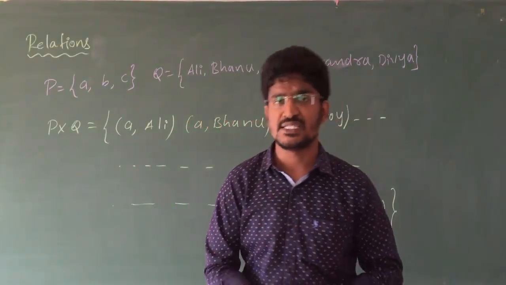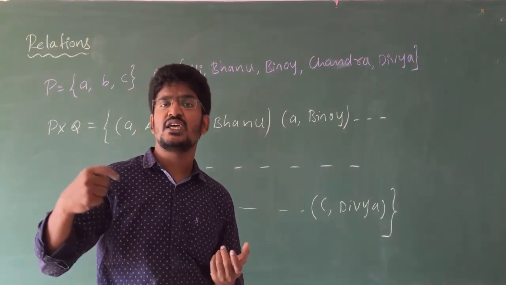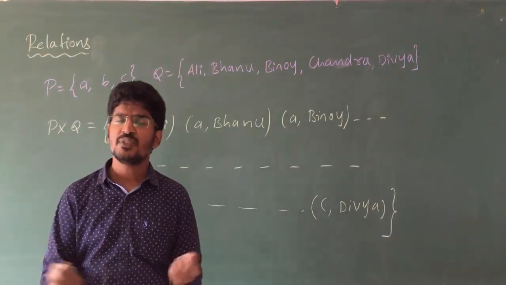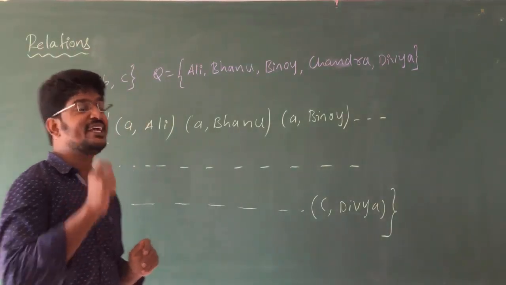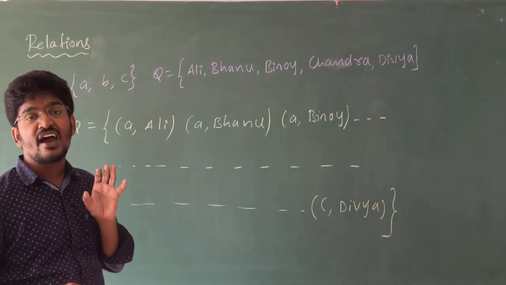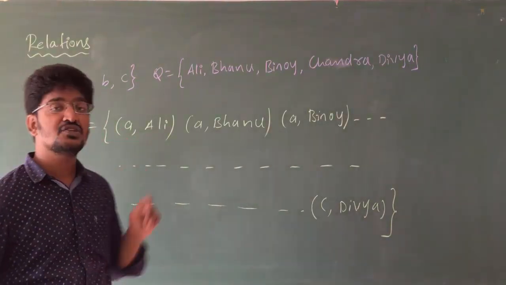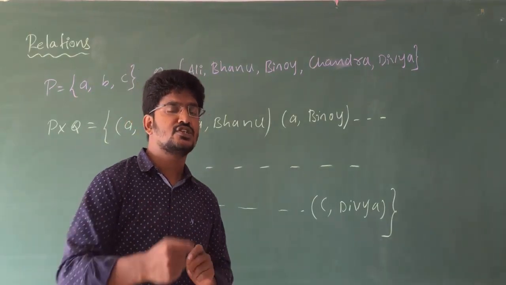This is all your basics, that is from Cartesian product. So we have taken P as one set, Q as another set. From that P and Q, we have written the Cartesian products. After writing the Cartesian product set, we get an idea that this set has 15 ordered pairs. Clear? Okay. The next topic is important.